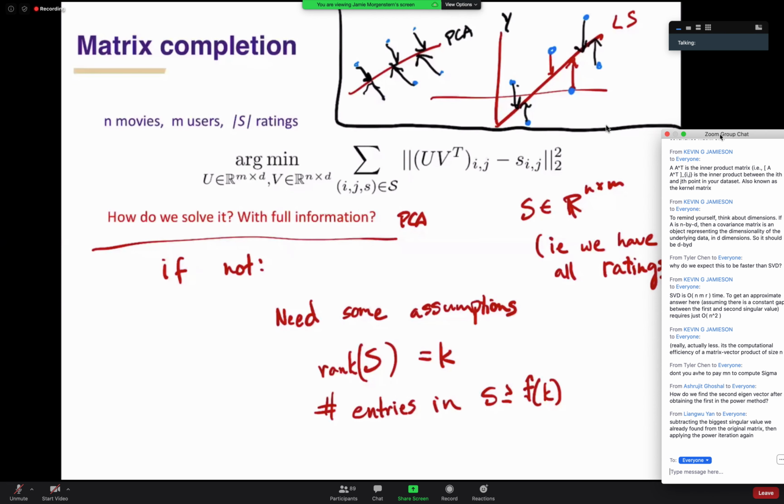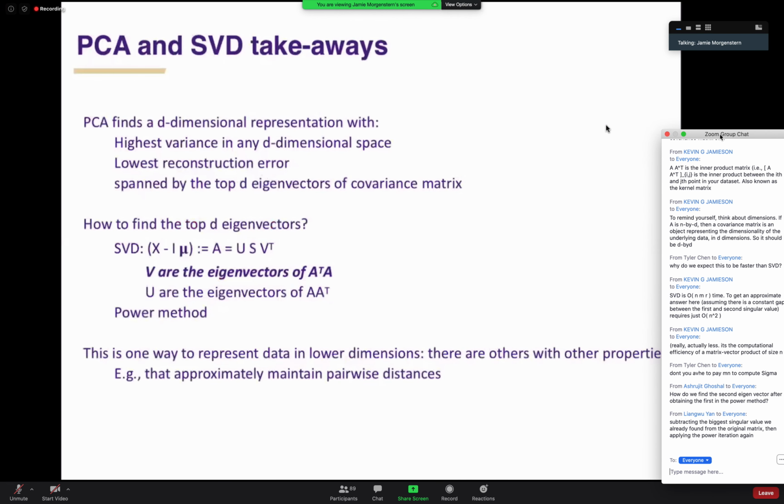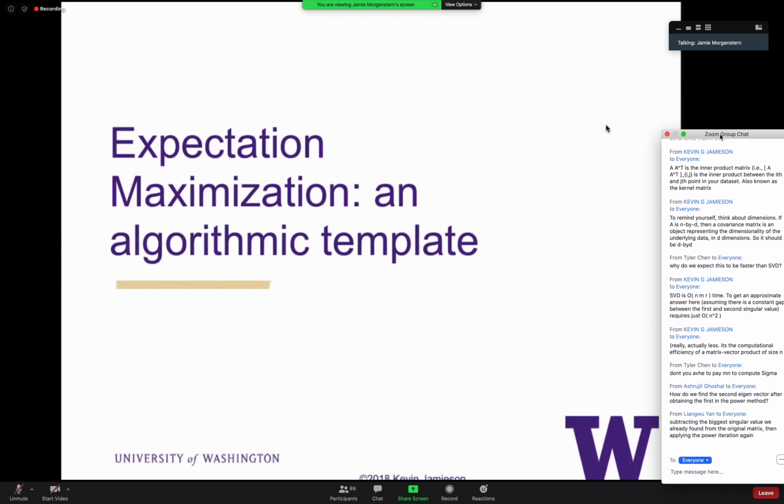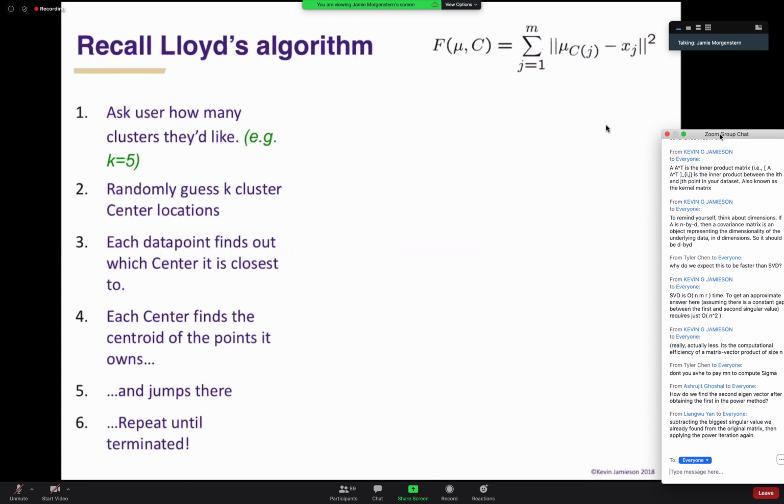Okay. All right. So now, very briefly, I'm just going to introduce a way of thinking about a collection of problems that's related to one we've already talked about. Remember last lecture, we were talking about Lloyd's algorithm for minimizing, or at least approximately minimizing, the k-means objective.